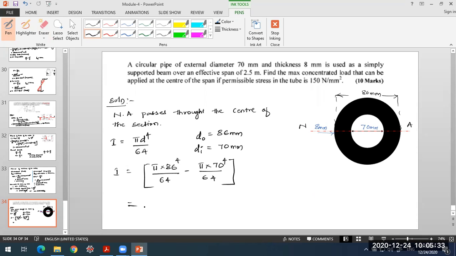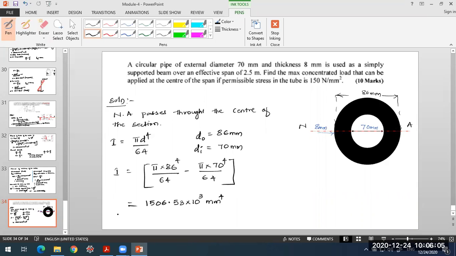That is somewhere around 1506.53 into 10 raised to 3 mm raised to 4.